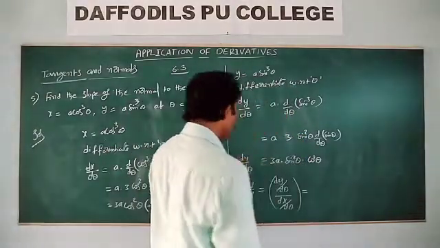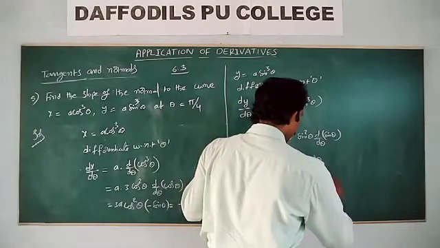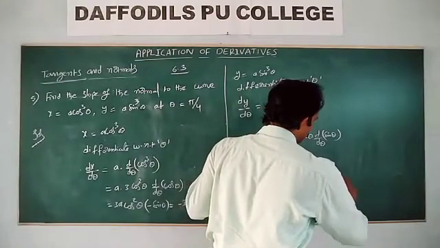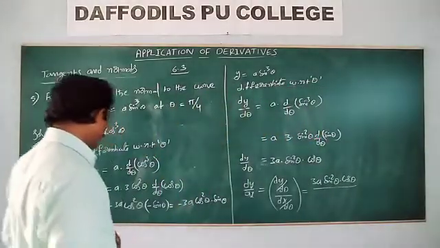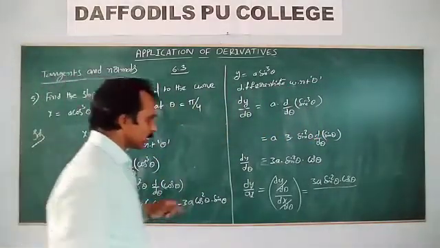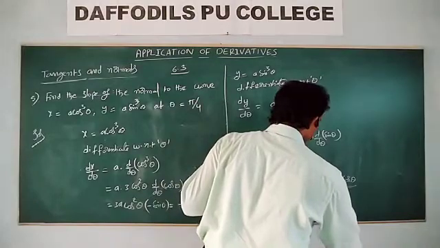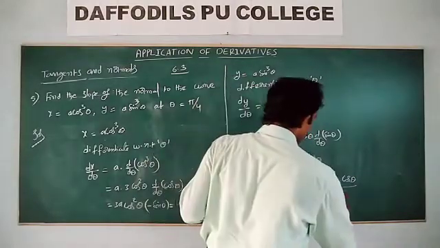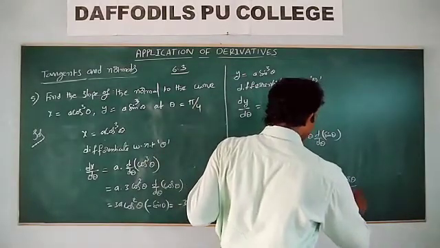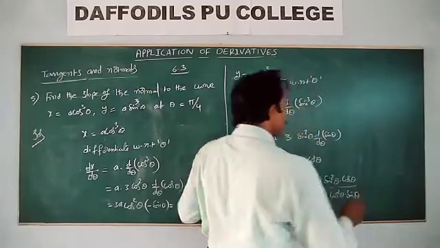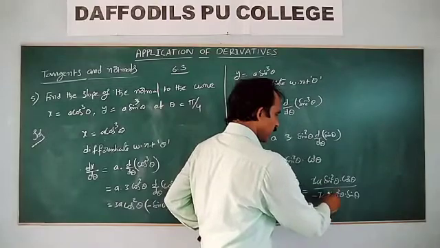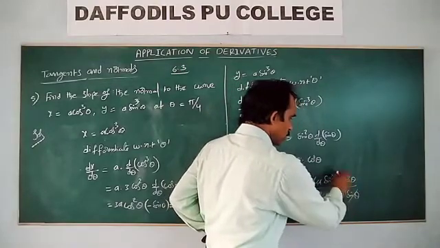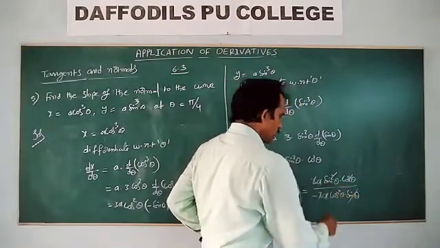What is dy by d theta? 3a sin square theta cos theta divided by dx by d theta, minus 3a cos square theta into sin theta. 3 cancels, a cancels, sin theta one time cancels, cos theta also one time cancels.